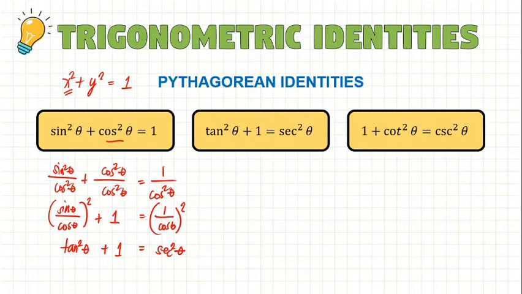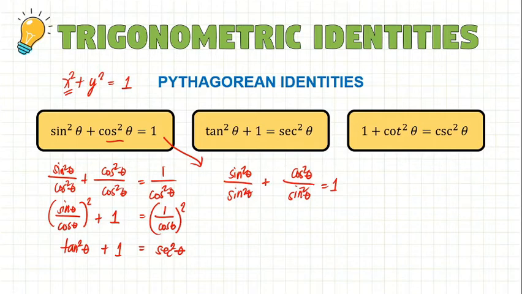So this identity is again from the first identity lang. If we are going to divide both sides by sine squared theta, we will have sine squared theta over sine squared theta plus cosine squared theta over sine squared theta equal to 1.